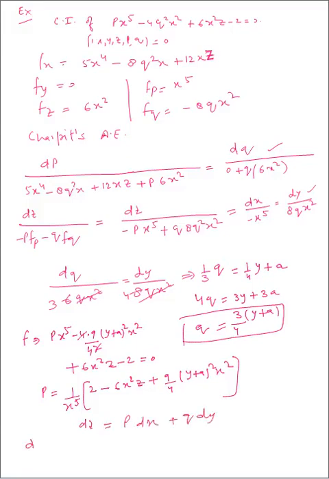and this comes dz is equal to, from here we take, 9 upon 4 (y plus a) square upon x cube minus 6z upon x cube plus 2 upon x to the power 5, dx plus q dy, that is 3 by 4 (y plus a) dy.